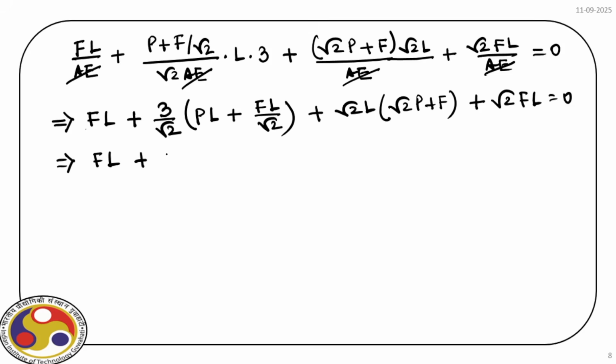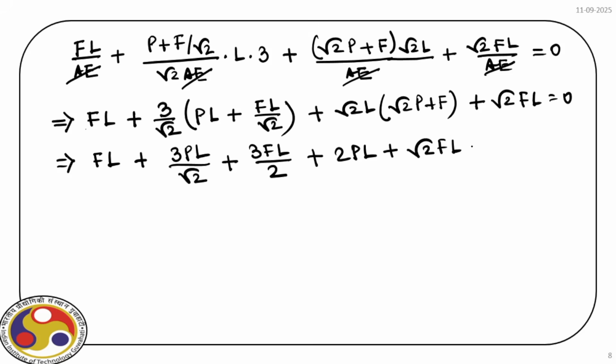So FL plus 3PL divided by root 2 plus 3FL divided by 2 plus 2PL plus root 2 FL plus root 2 FL. So we have one FL here, there, here, and there. Okay.